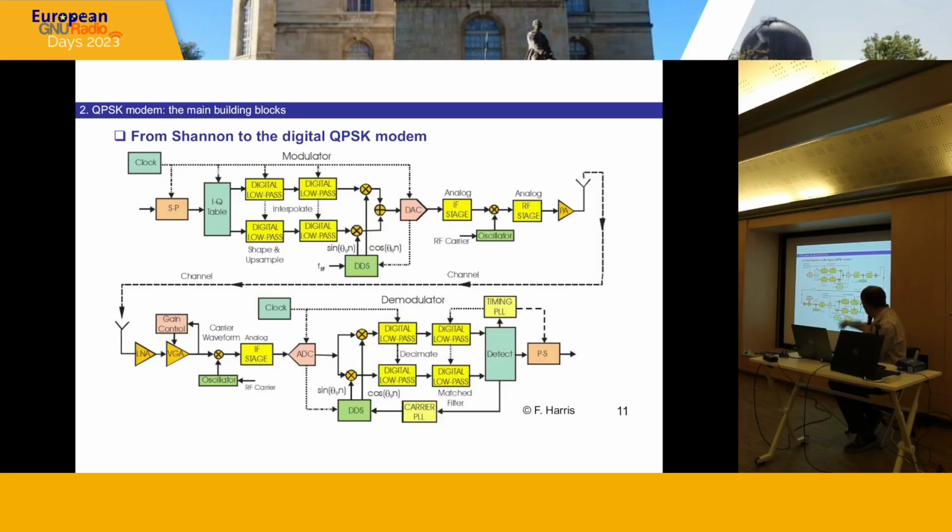Then on the receiver side, you see here the carrier PLL. So you've got to recover the carrier. This is the thing Thomas talked to you about, phase. When you've got frequency and phase, I want to say the frequency.